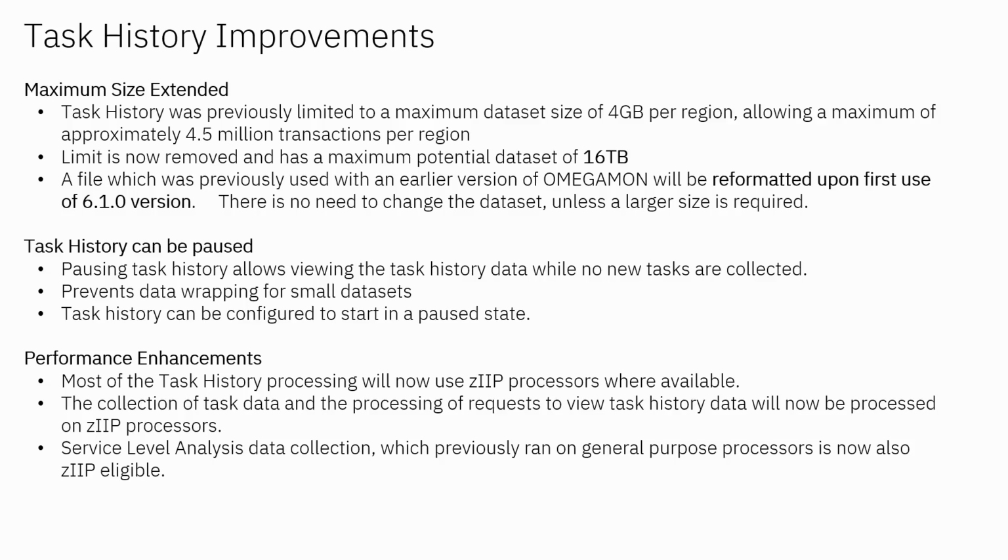So we encourage you to provide us feedback if you've moved to 6.1. Please give us feedback on the findings or savings you've had with this offloading to zIIP. Service level analysis data collection is also now on zIIP or zIIP eligible. Before 6.1 it was general purpose processing. Next slide, please.